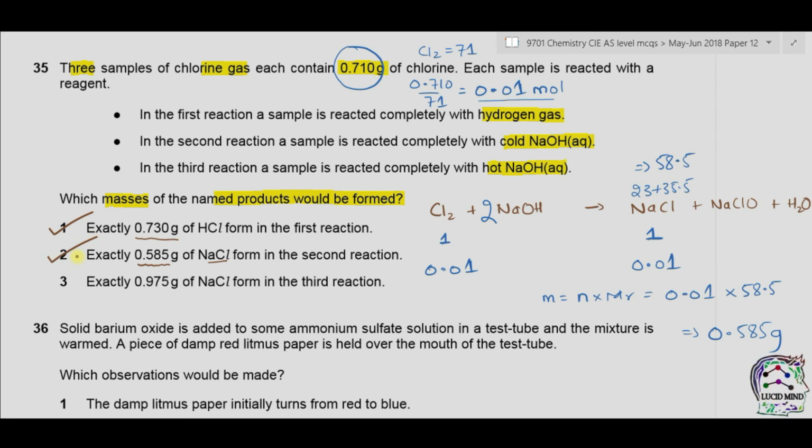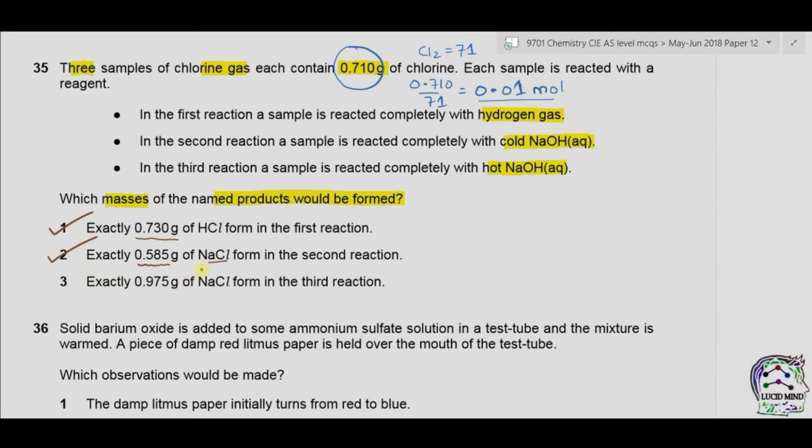In option 2 we can see that exactly 0.585 grams of sodium chloride is formed, so therefore this is also correct. Now option 3, chlorine is reacted with hot sodium hydroxide. Now the product formed will be like this. In the balanced equation we have 3 moles of chlorine that react with 6 moles of sodium hydroxide to form 5 moles of sodium chloride and 3 moles of water.